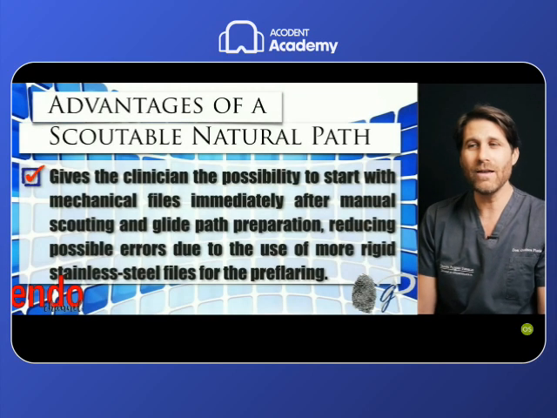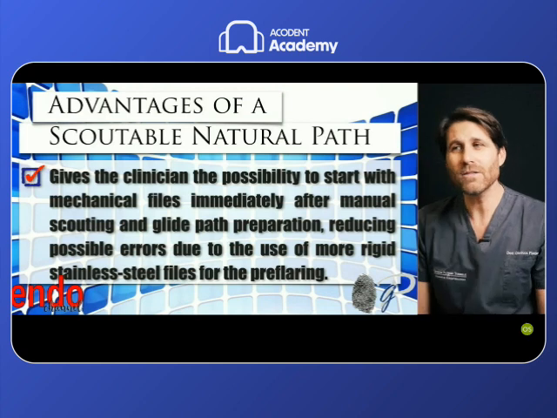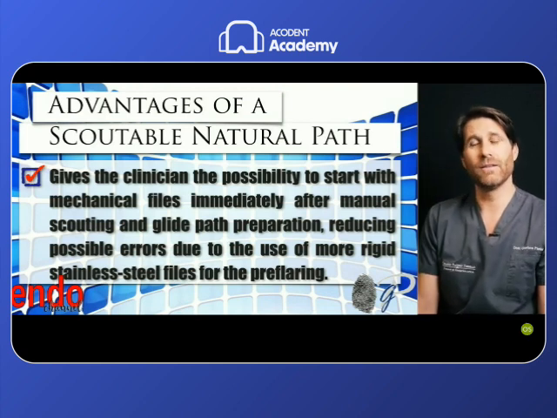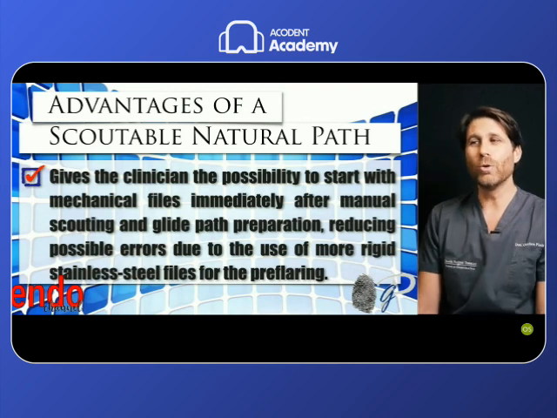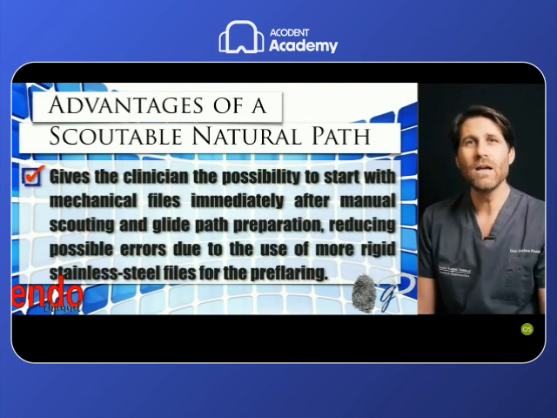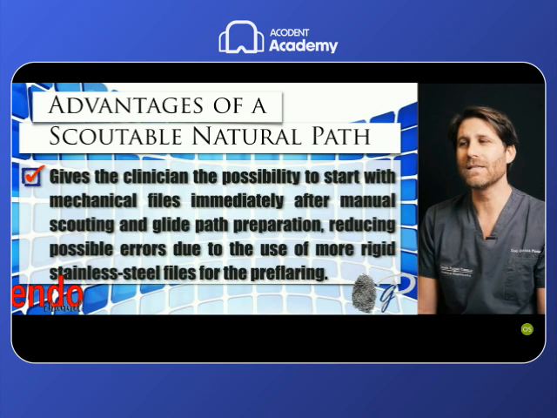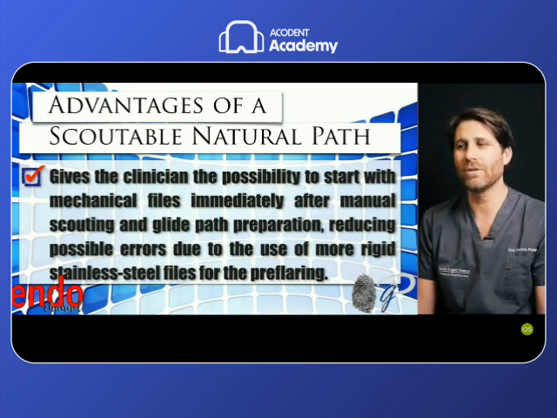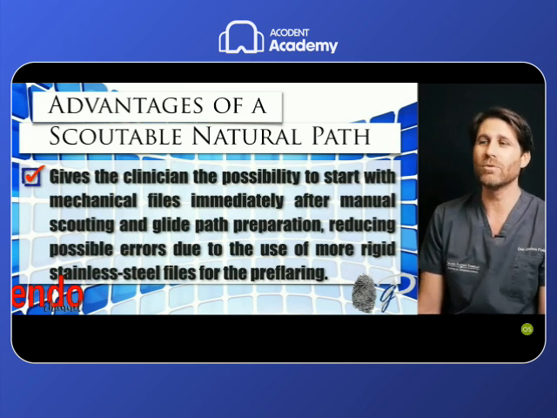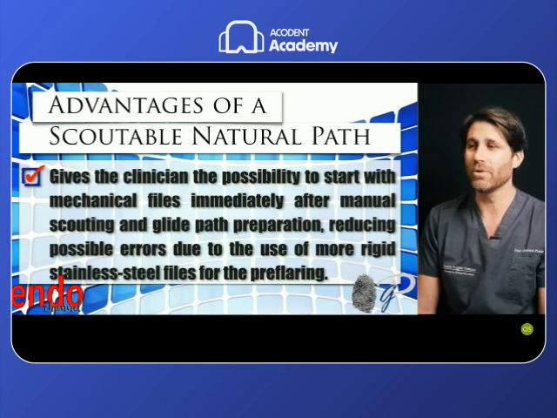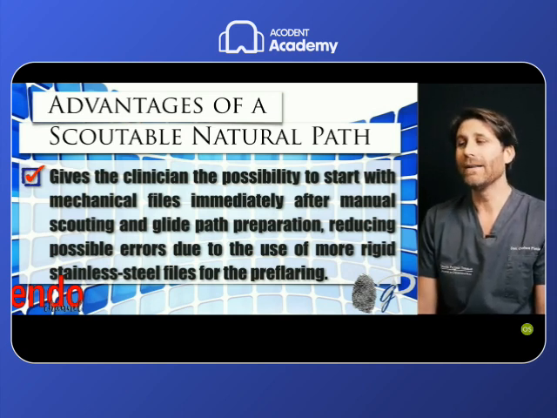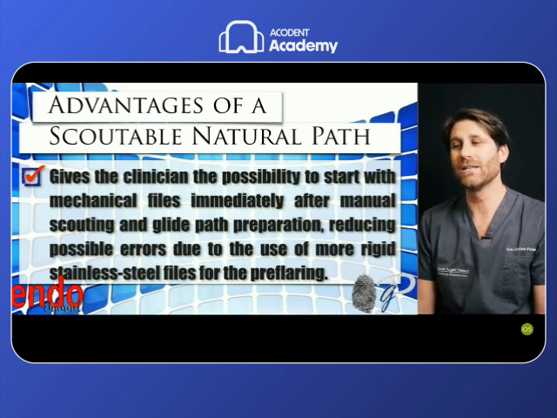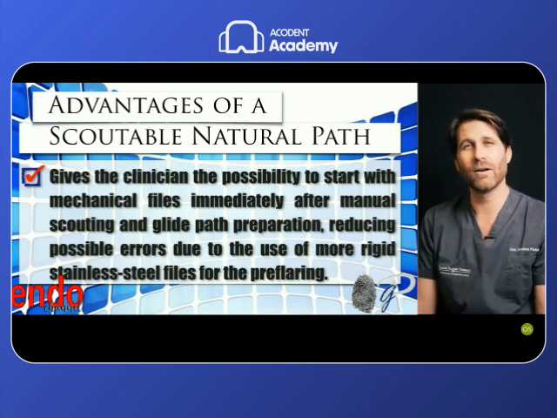What I can say here is that the presence of a scoutable natural path has the advantage of giving the clinician the possibility to start with the mechanical files immediately after a manual scouting and glide path preparation up to size 10, reducing the possible errors induced by the use of more rigid stainless steel files that are used for pre-flaring.